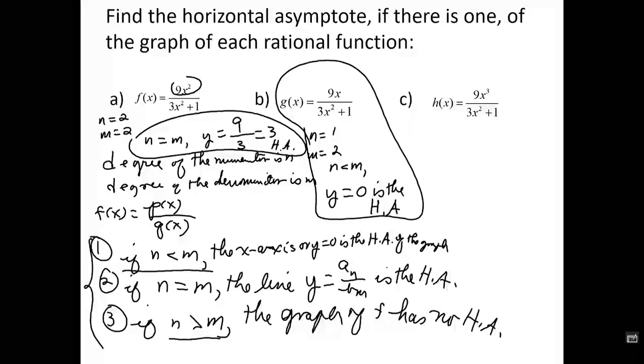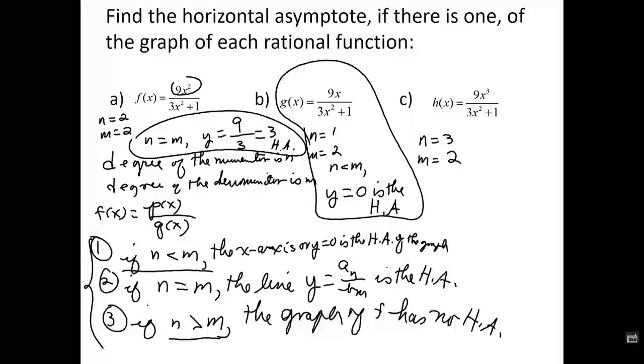In the last example, h of x is defined to be 9x cubed divided by 3x squared. In this case, n, the degree of the numerator, is 3. The degree of the polynomial function in the denominator is 2.